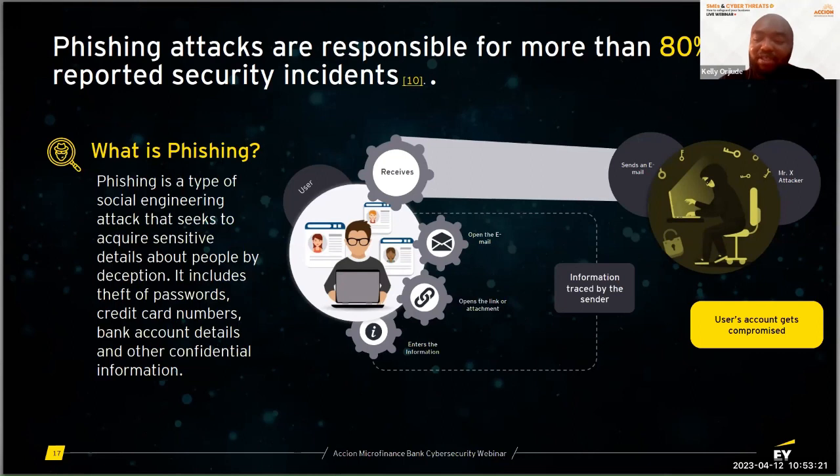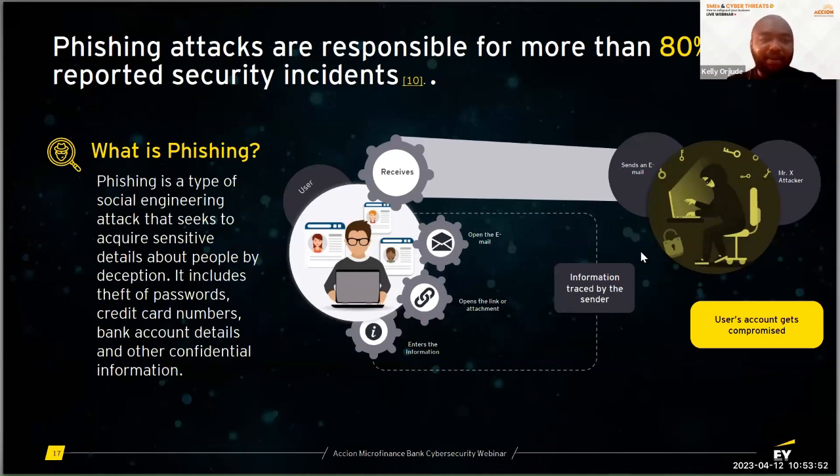But what you don't know is that the minute you open the attachment, something runs behind the scenes, and most times you're not aware. And when your IT team or your information security team does not have the necessary security controls in place, that malware infects your system. And when it infects your system, it takes hold of your system, and then it moves from your system to the next system, to the next system, until the whole business is compromised. That's just how it happens.